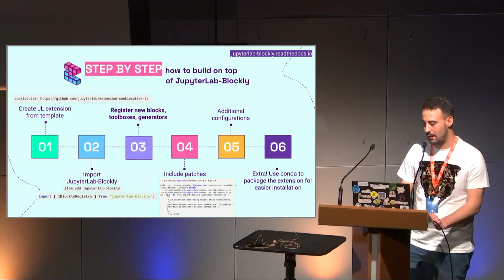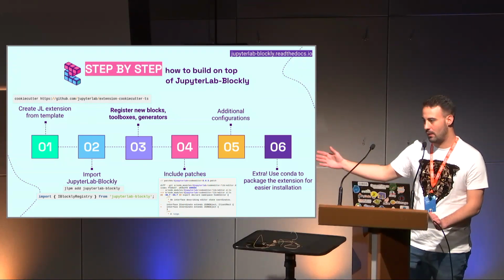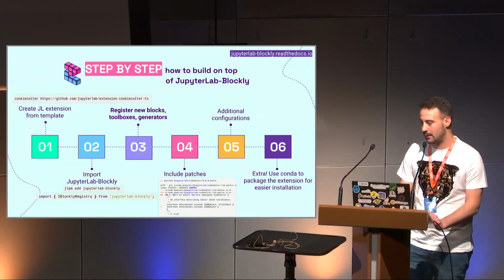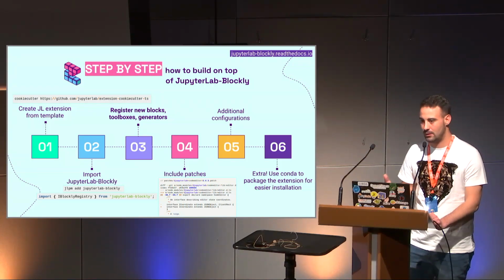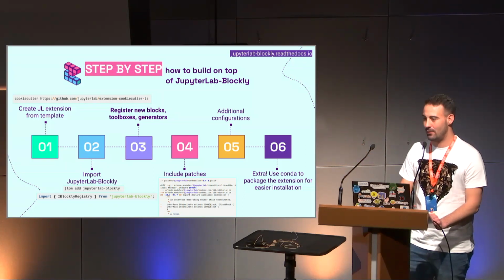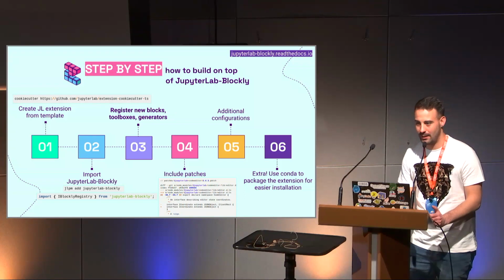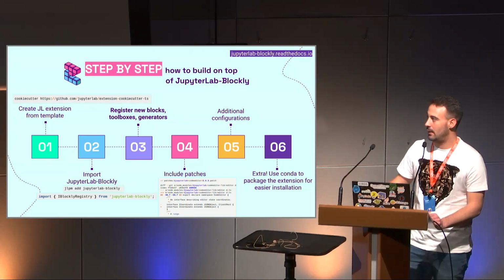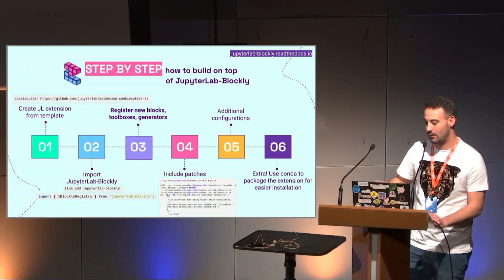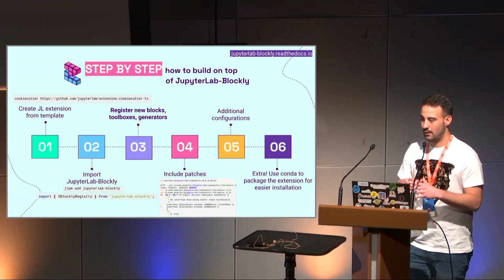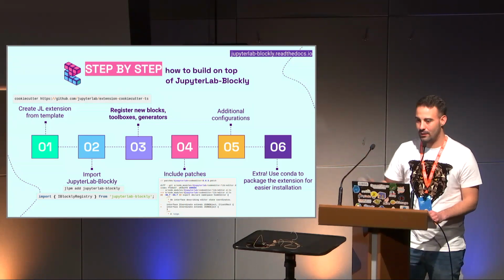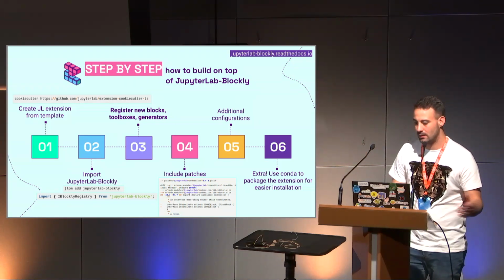In JupyterLab 4, that will come in a couple of weeks, we already updated the version of TypeScript, so this won't be necessary. Anyway, if someone wants to already create an extension for Blockly, the problem is that when building your extension, there is a small type error with one of the dependencies.